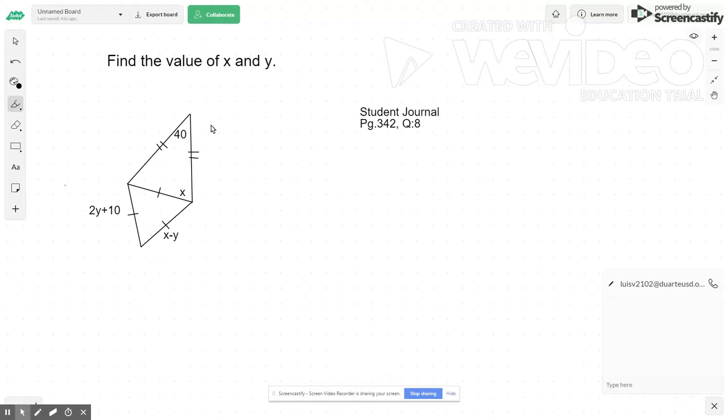All right, so 40 and then x. So in order to find x, what you do is 180 equals 40 plus 2x.